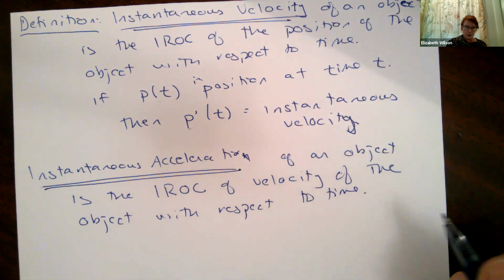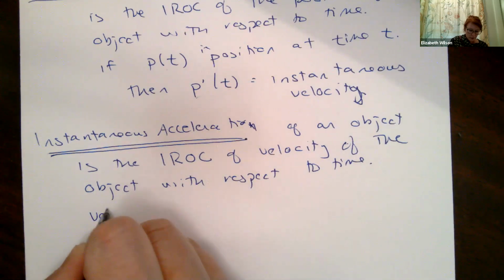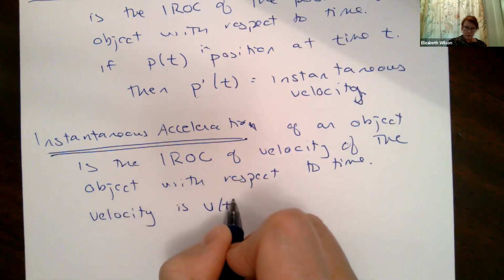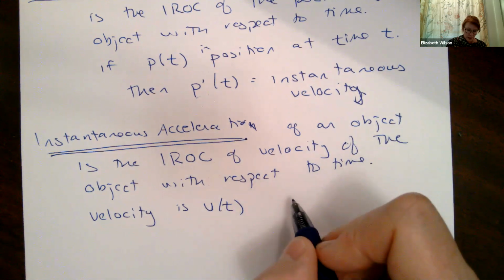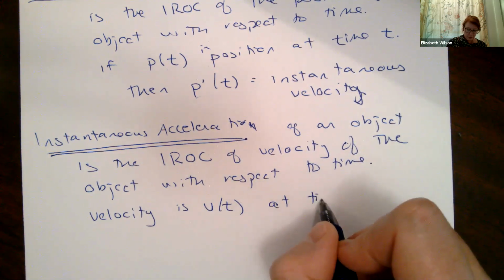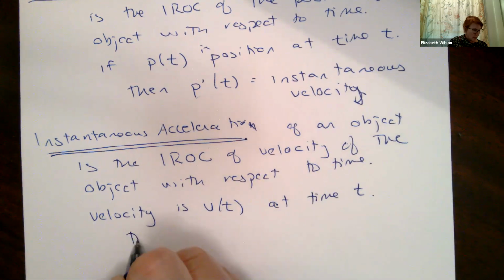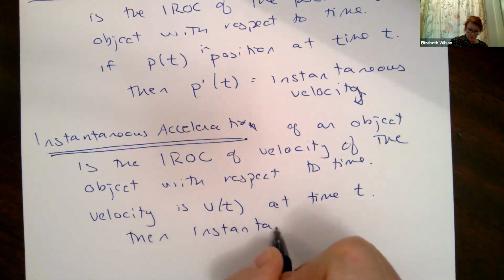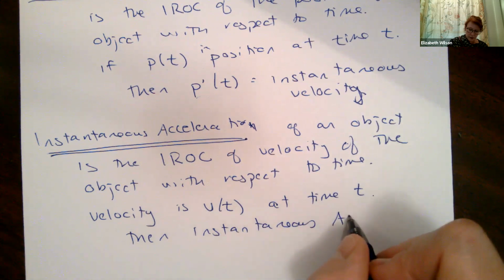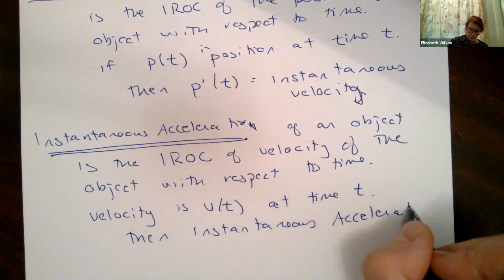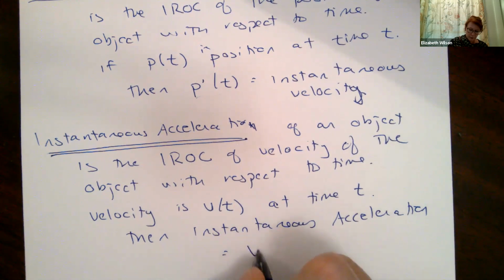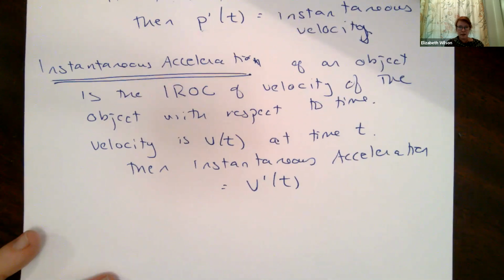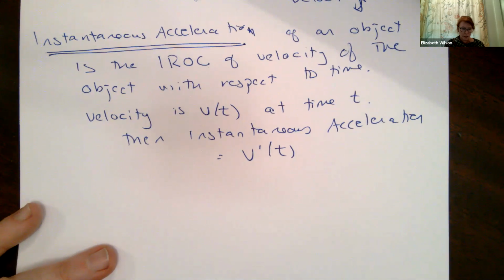So if our velocity is v of t, then at time t the instantaneous acceleration is equal to v prime of t. I take the derivative of my velocity to get my instantaneous acceleration at that particular time t.